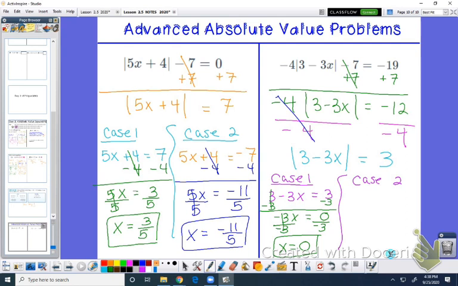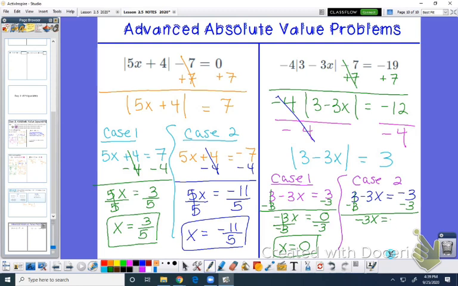And now we need to do the negative case. So we're going to do 3 subtract 3x equals not 3, but negative 3 for our second case. We are still going to get rid of the 3, so we need to subtract it. Subtract 3, subtract 3. This adds up to 0. Be careful again. Make sure you bring down that negative. That's negative 3x.